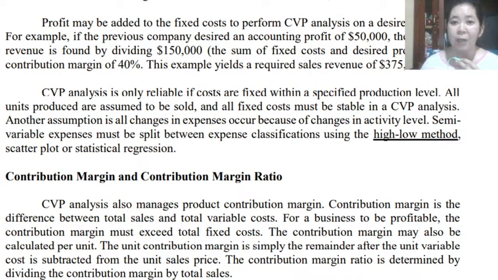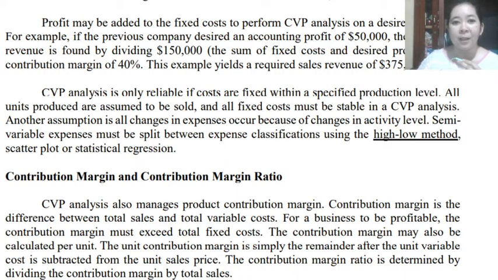You can split this semi-variable or mixed cost using techniques such as the high-low method, scatter plot, or statistical regression. These are the most common mathematical tools used to separate mixed cost into fixed and variable cost.